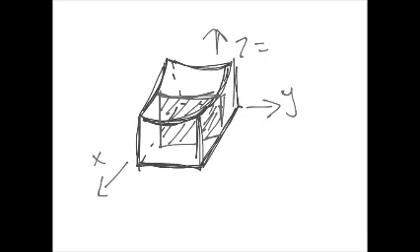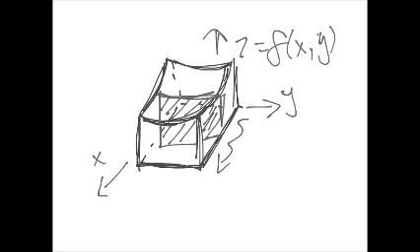And z equals f of x and y. We gave this box a little area to the top, so it's more of an uneven cylinder object rather than a regular box. And we have the cross section, and we're going down the y.